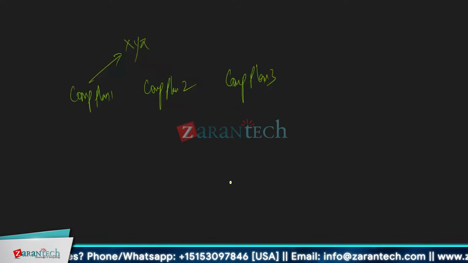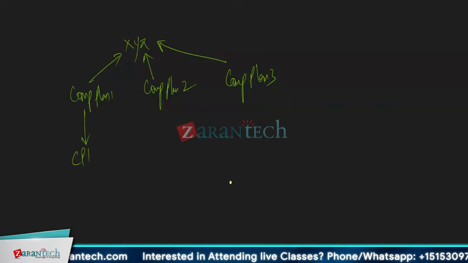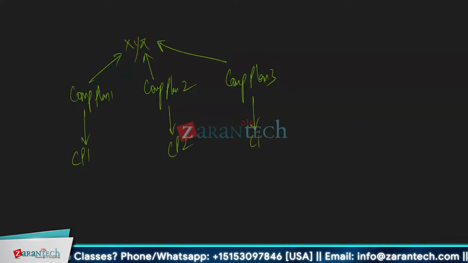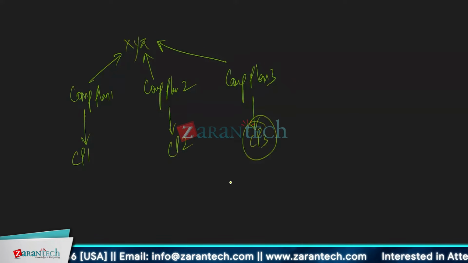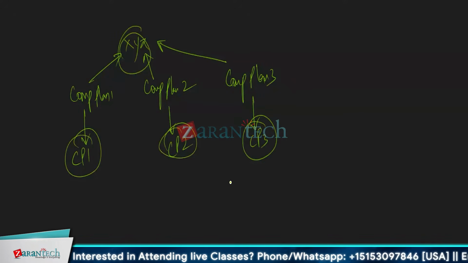All 3 compensation plans can use the same compensation element, or all 3 can use their own comp element. There is no restriction as such in Workday, but there can only be one comp element per plan, either this one or that one. But you can create your own specific custom compensation element and use it in your compensation plan.